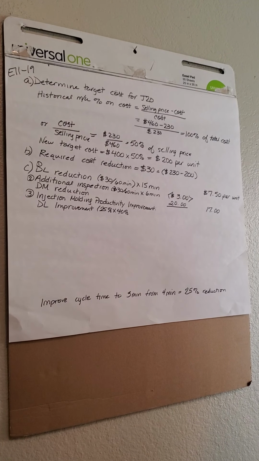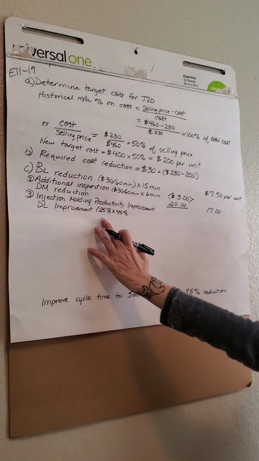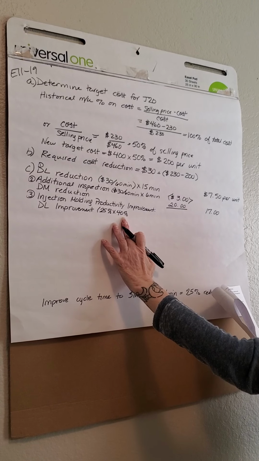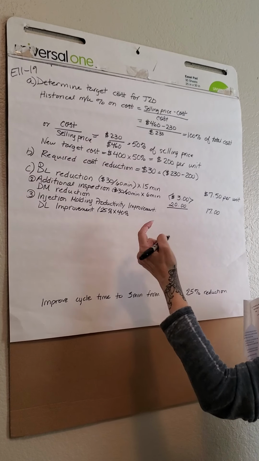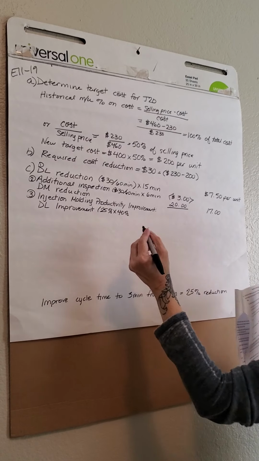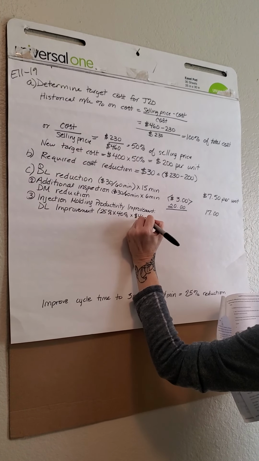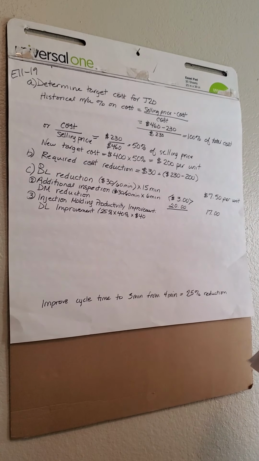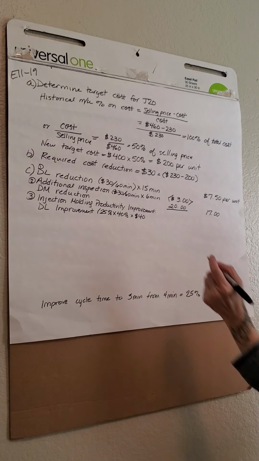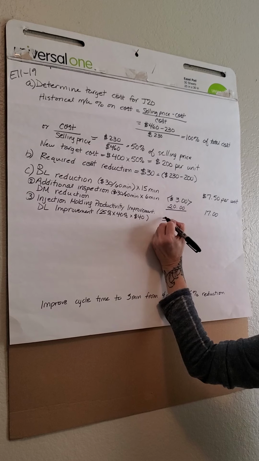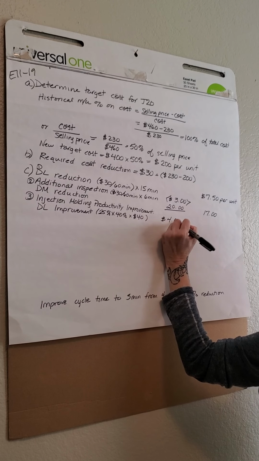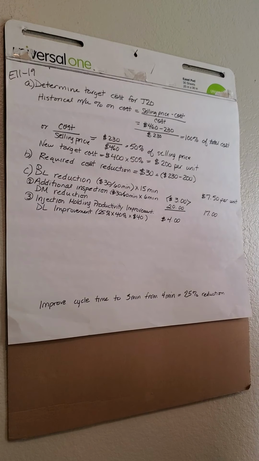So we've got the direct labor improvement, 25% reduction times the 40% component of direct labor related to productivity, times the $40 of direct labor that they give us at the beginning of the problem. That gives us an improvement of $4, so we can reduce cost another $4.